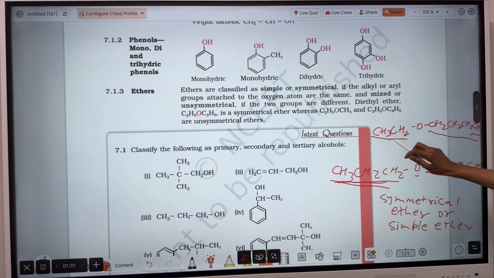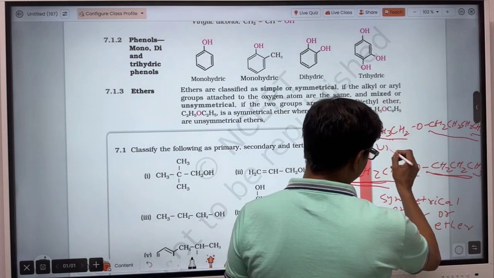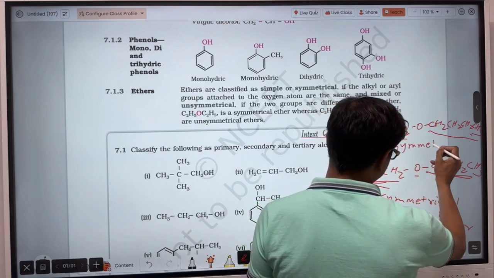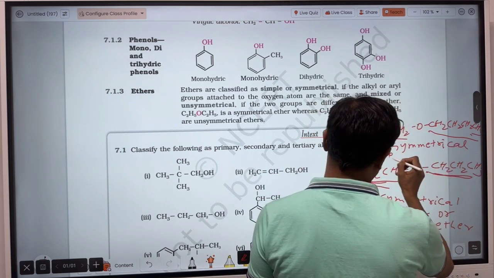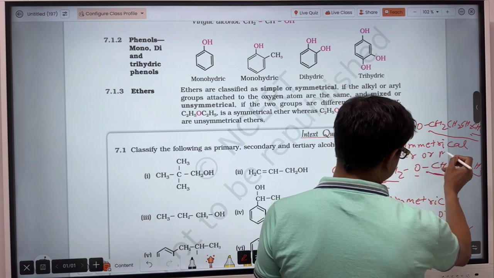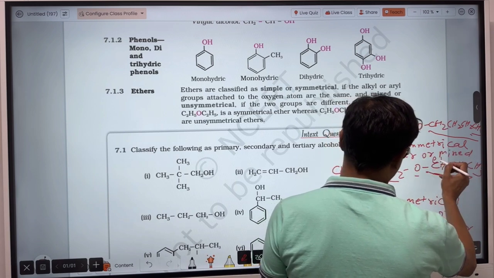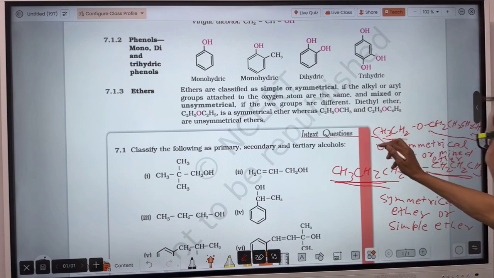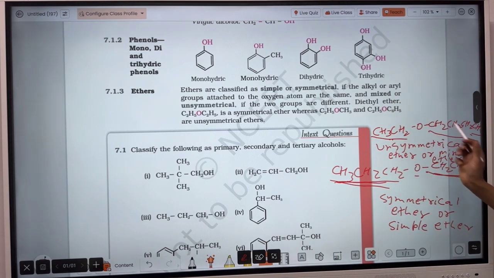So the lengths of both alkyl groups are different. That's why this is an example of unsymmetrical ether. As in this compound, the alkyl groups bonded to the oxygen are of different length. That's why this compound is an example of unsymmetrical ether or mixed ether.